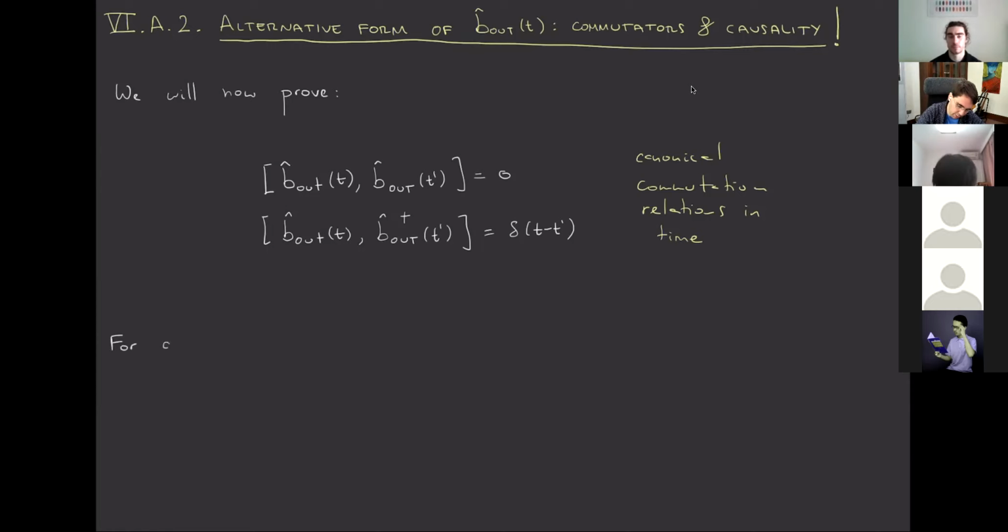And now we are going to prove a second thing, which is very important, which is that for any intracavity operator, let's call it C at time t. Okay, so Heisenberg picture, we have some operator inside the cavity at a given time t.